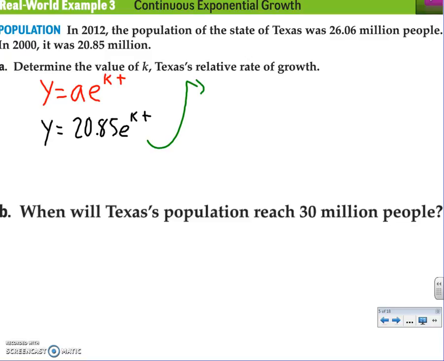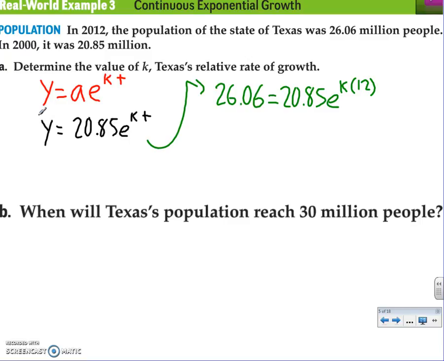So y is our new population. So basically 12 years later, it became 26.06 million. Our original amount was still this. e to the k, we don't know, but t was how many years it has been since before. It's been 12 years.